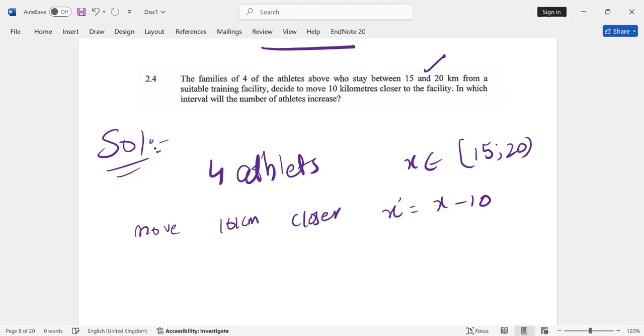All right, so we must find the new range of the distance x prime, identify the corresponding interval from the table. Okay, so we have to determine the new distance range for the four athletes.